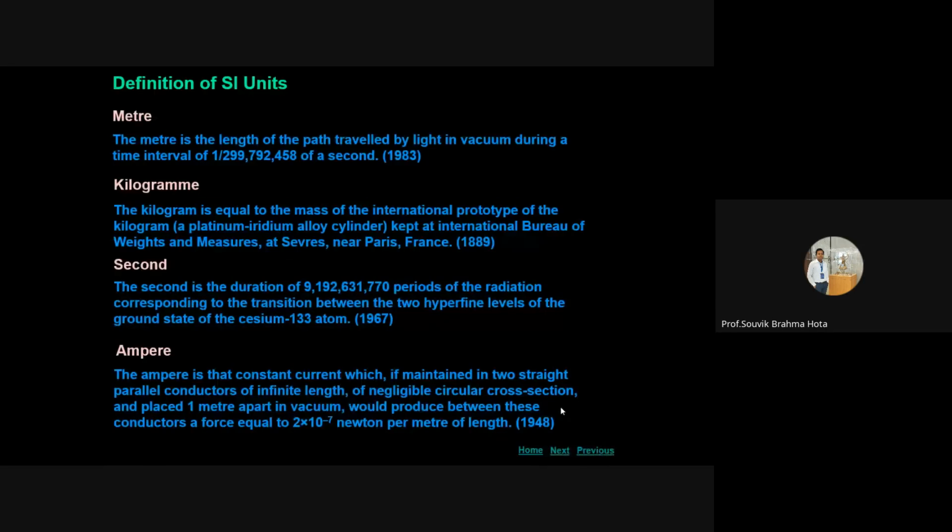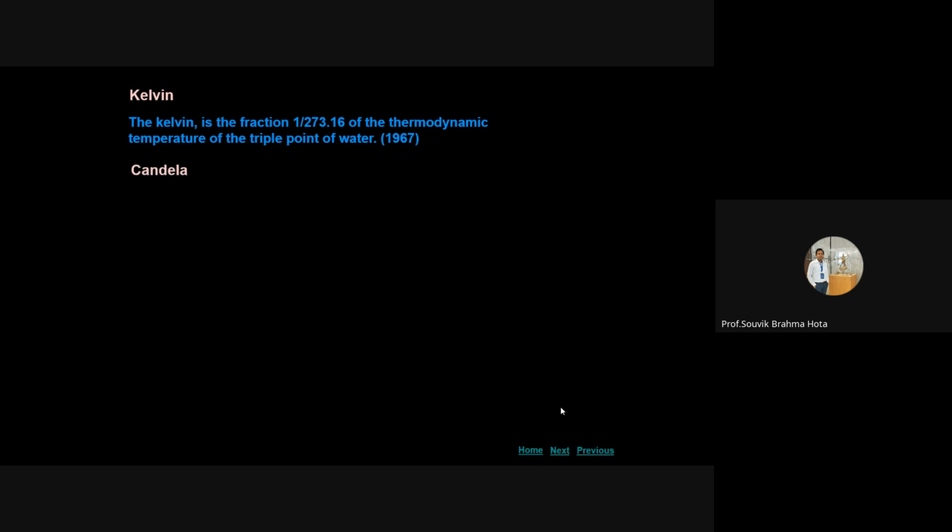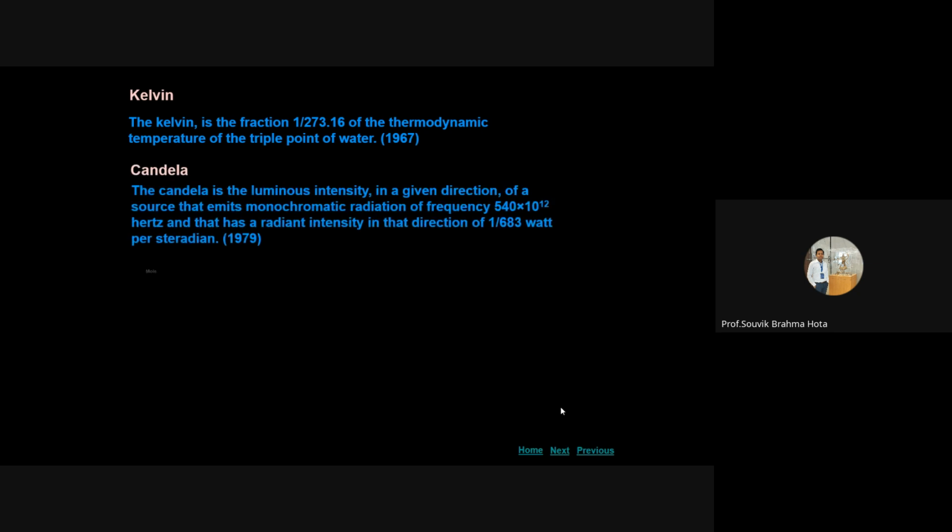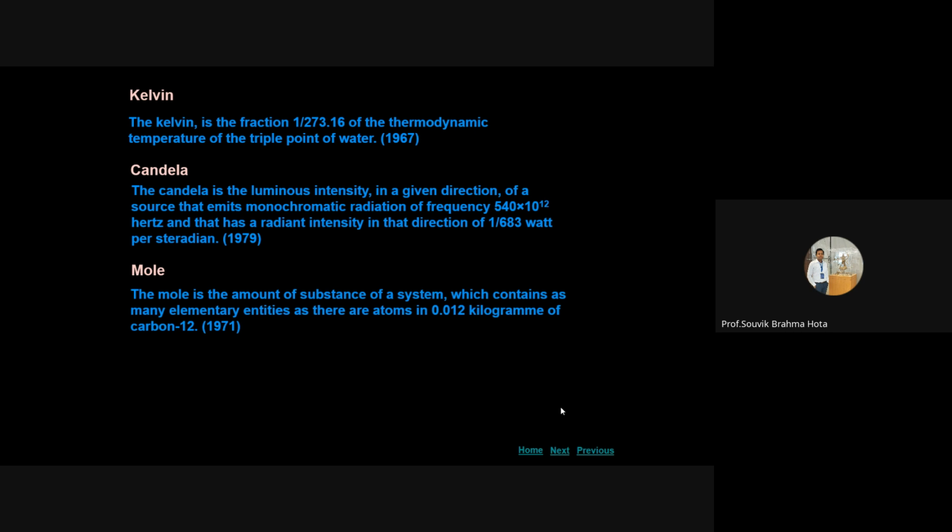These definitions are basic fundamental information that you should know, and perhaps you will get this type of question in your examinations. Kelvin and candela also have definite definitions for each of them.